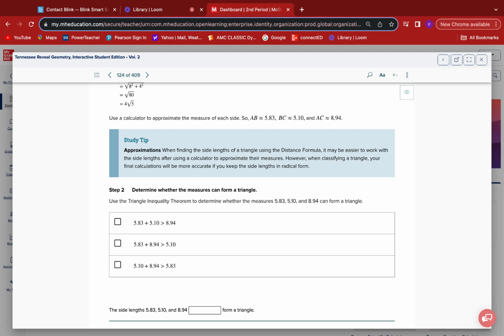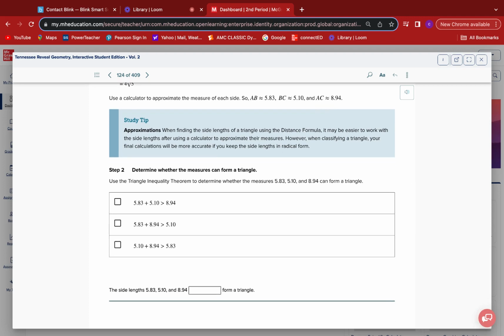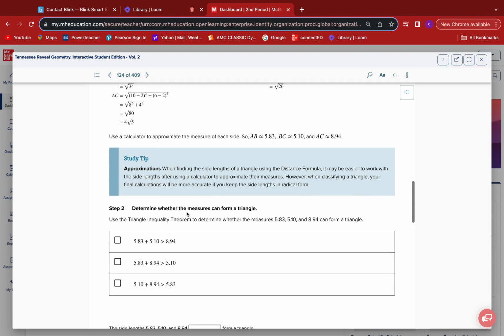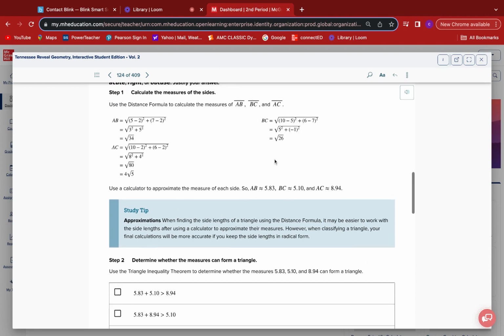Okay, so let me turn to the next page of my workbook. All right, we got here. In step 2, determine whether the measures can form a triangle. So let's see. We need to look at what the biggest would be.